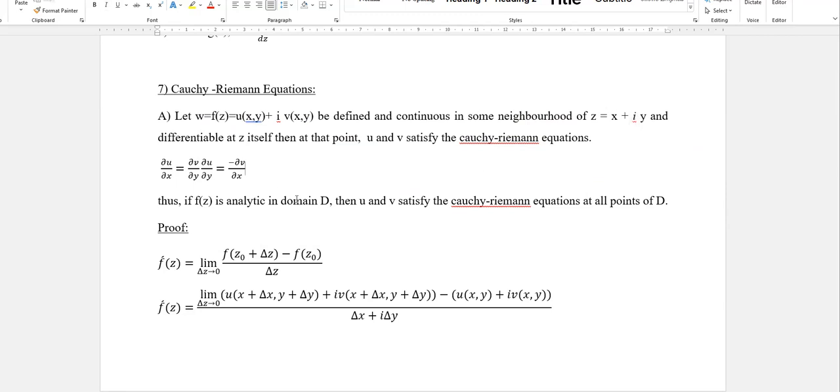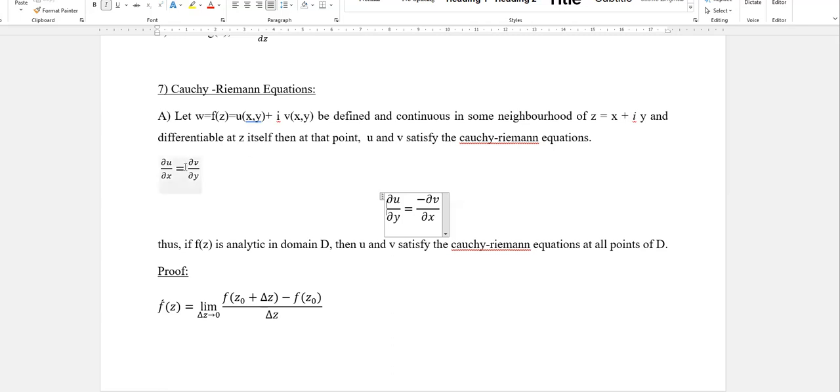So if f is analytic, then u and v satisfy the Cauchy-Riemann equations. What are the Cauchy-Riemann equations? These two are the Cauchy-Riemann equations.